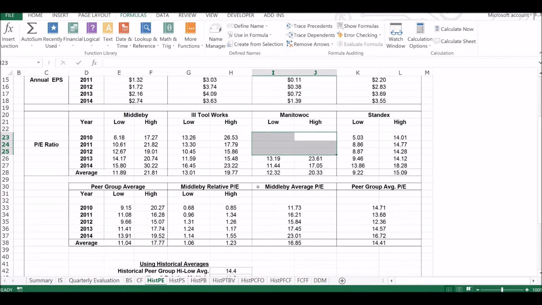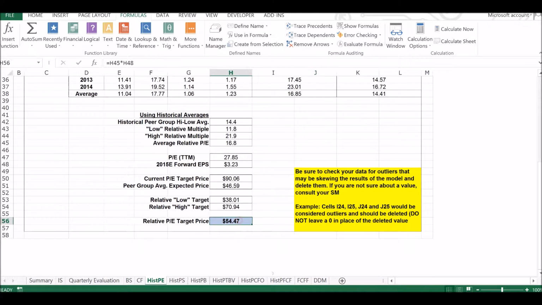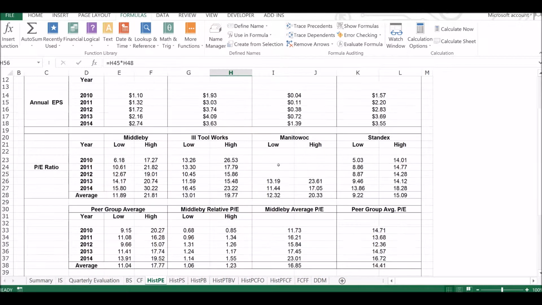When you delete these values, they have a huge impact, because what it's doing is it's assuming that if one of the peer group companies was valued at 300 times earnings, then your company should be evaluated on the same basis and should therefore be priced at closer to 300 times earnings, if that's what the peer group is trading at.